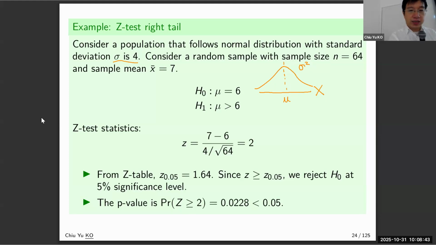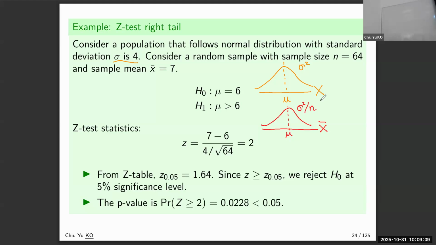And since you're collecting data, the sample mean will also follow the bell curve, with the same mean mu. But the variance is reduced because it's a random sample. So this is something you learned already in the previous class.